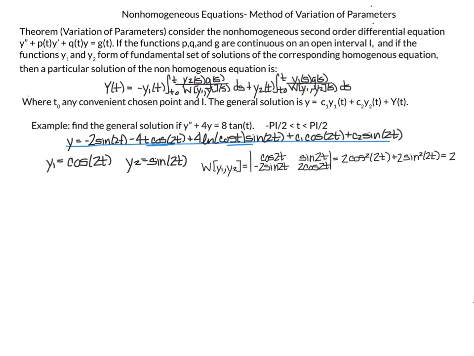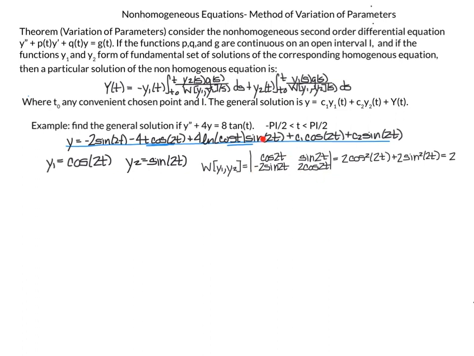But when we worked through the method of variation of parameters, we had solved the homogeneous equation, and we got the solutions y1 is equal to cosine 2t and y2 is equal to sine of 2t. Because we need the Wronskian, that's what I calculated next. I have our first solution, cosine 2t, our second solution, sine of 2t, then the derivative underneath, which is minus 2 sine 2t, the derivative of sine 2t is 2 cosine 2t.